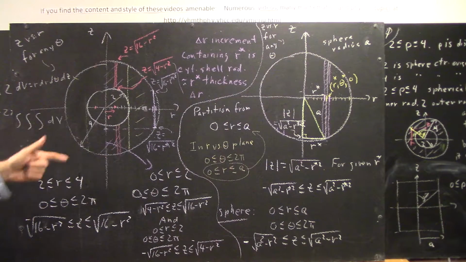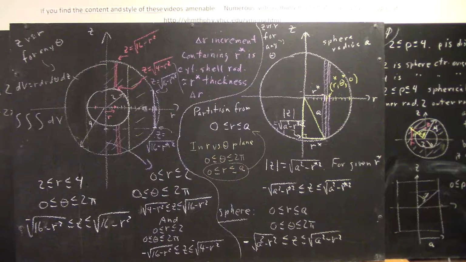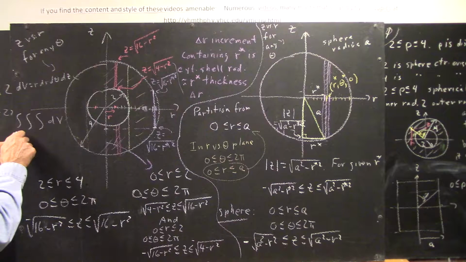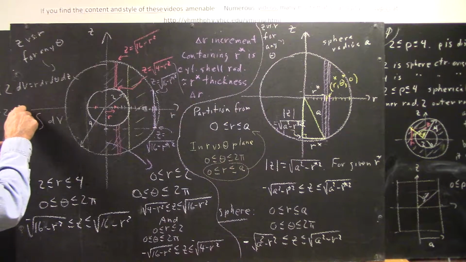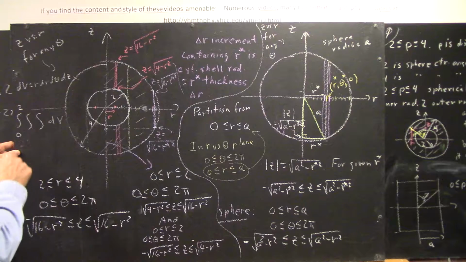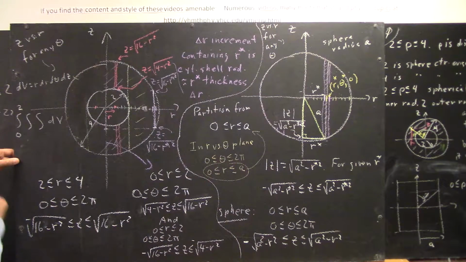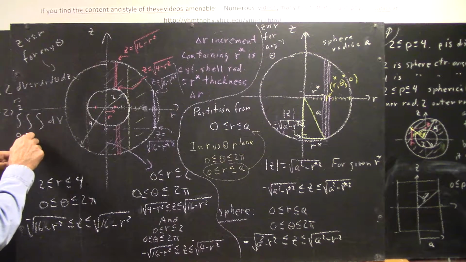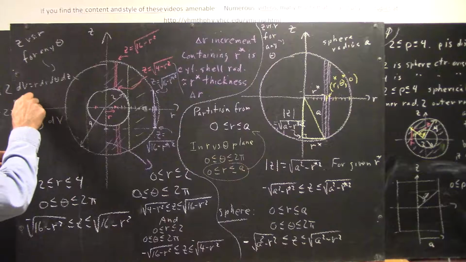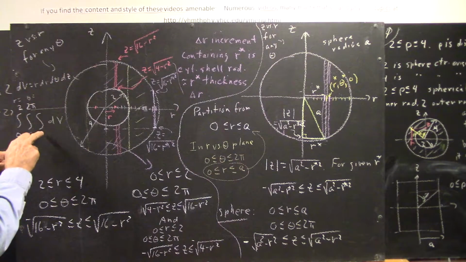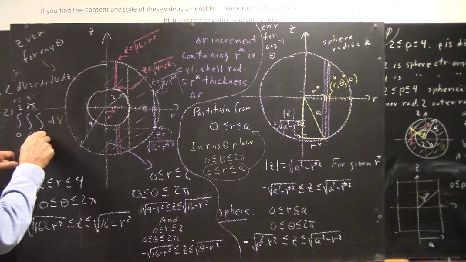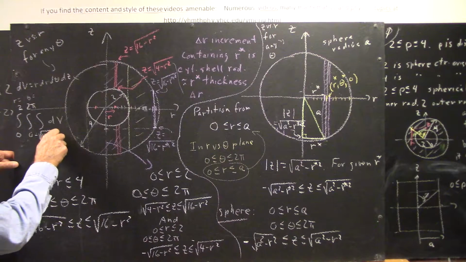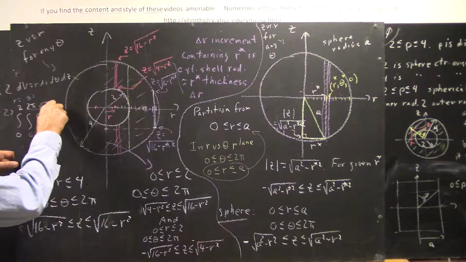So if we wanted to find the volume, we could take the triple integral from r equals 0 to r equals 2, and from theta equals 0 to 2 pi, and from what? From z equals negative square root of 16 minus r squared to the square root of 16 minus r squared.